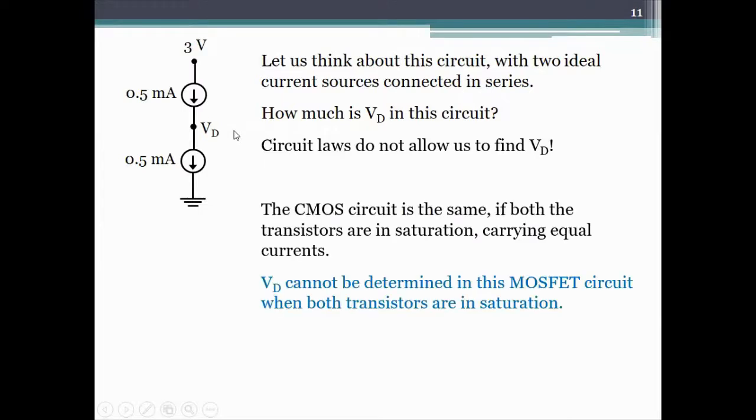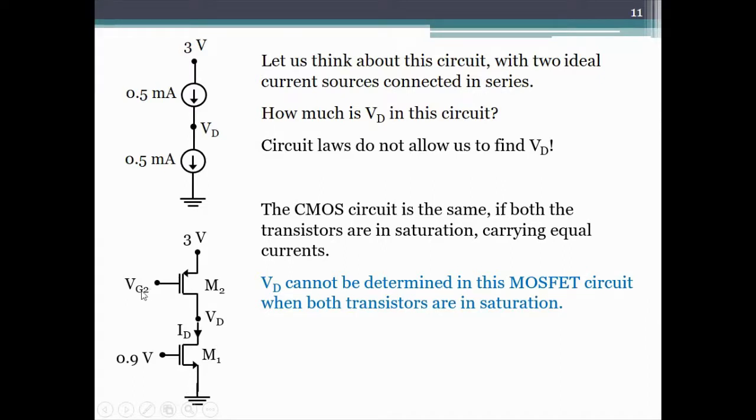The CMOS circuit is the same as this circuit if we neglect channel length modulation. If we neglect channel length modulation, then M2 and M1 behave as ideal current sources when they are in saturation, which they are in our circuit.